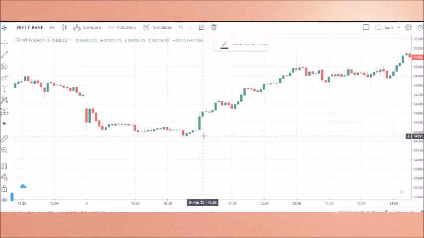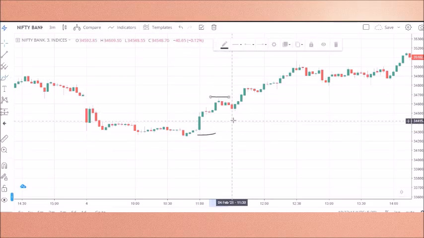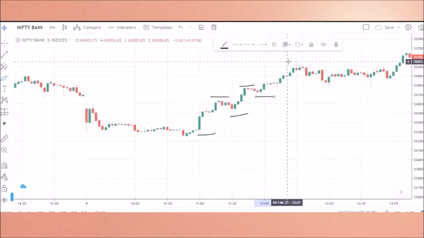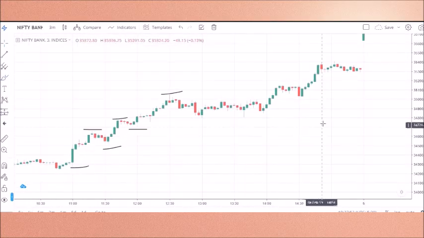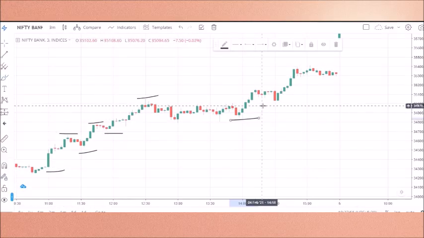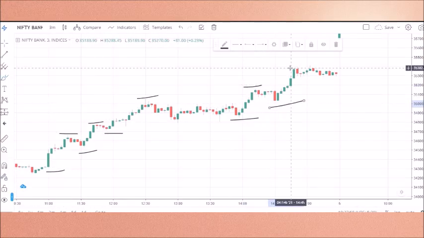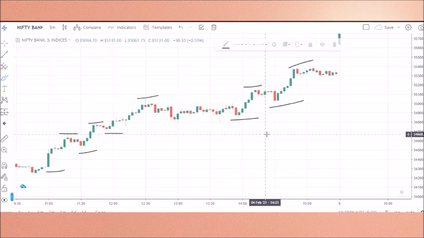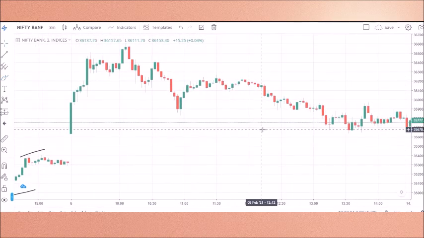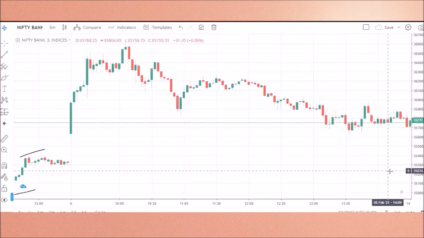Here see, again we have low, high, higher low, higher high, again higher low, higher high. It is a clear uptrend. See here again, low, high, higher low, higher high. This homework you have to do a lot so that it will help you in any strategy you adopt.